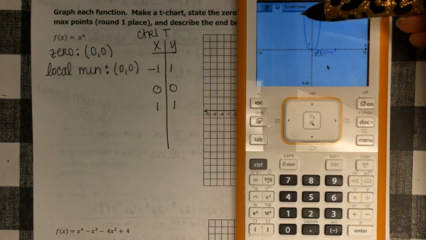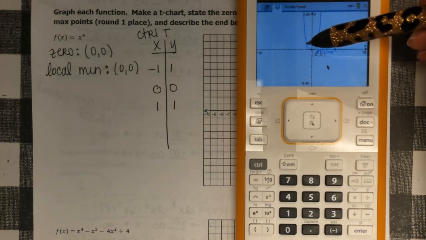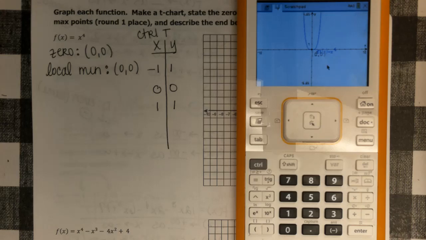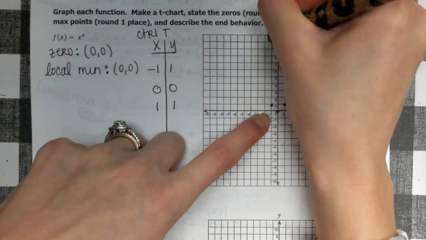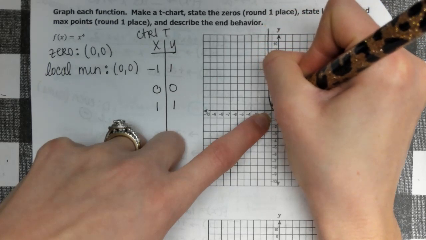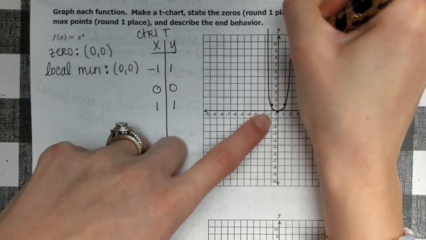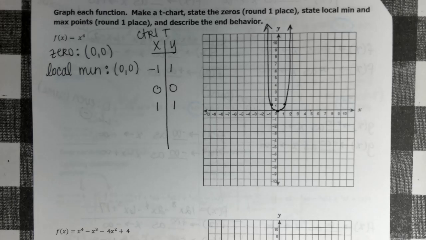Notice that it's not a sharp turn like a parabola. It kind of flattens out around that 0. Can y'all tell that with your graph? Okay, so when you do yours, you'll hit that negative 1, 1, and then it just kind of flattens out to the best of your ability. And then go back to the 1, 1 and start putting it in the direction of 216.